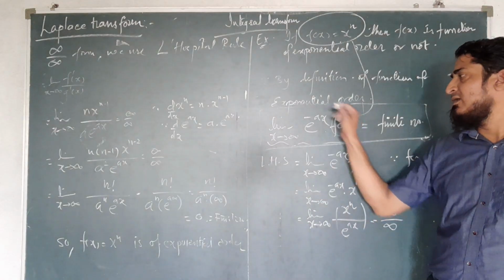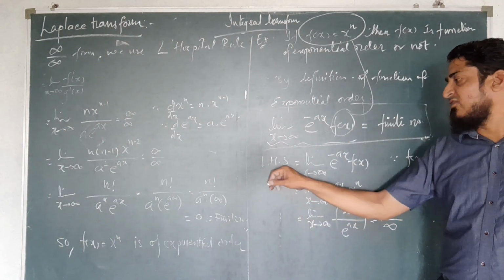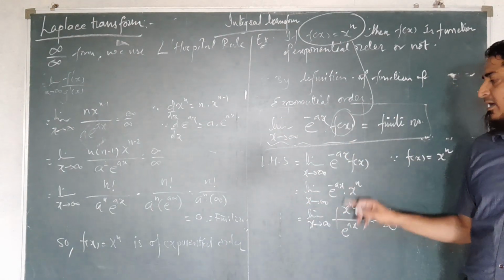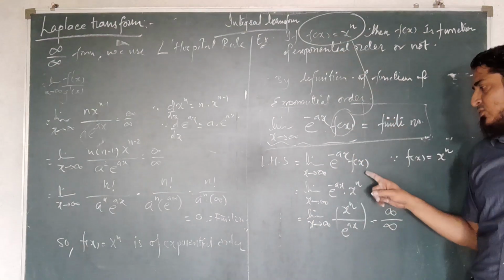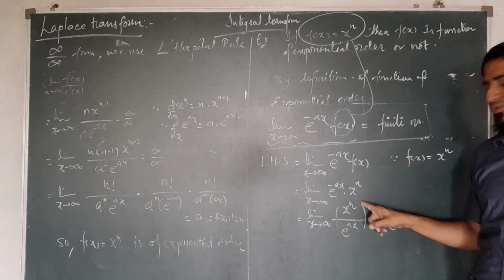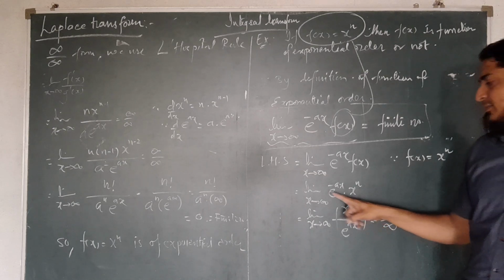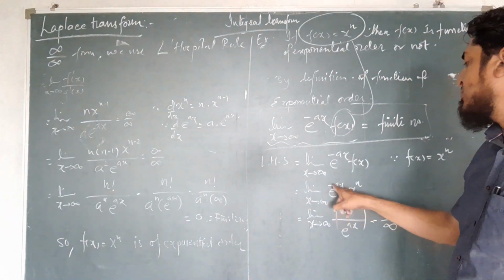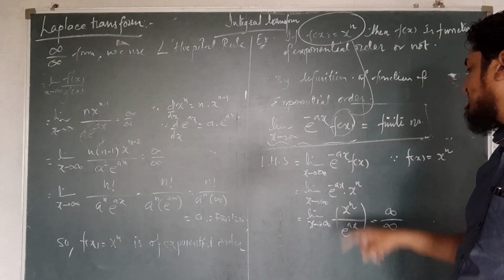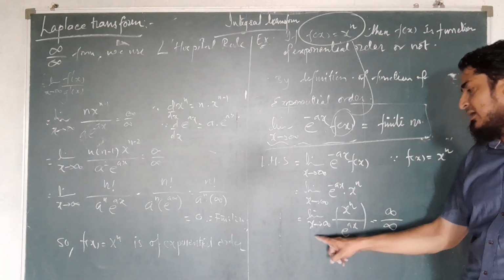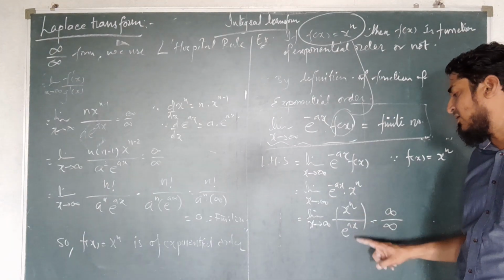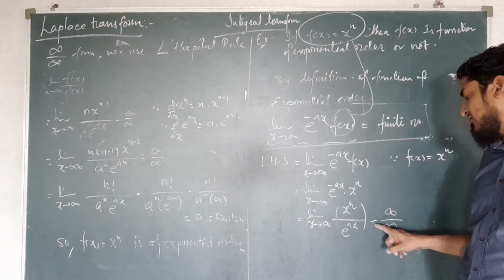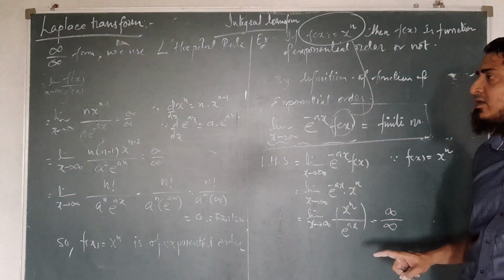So taking the left hand side of this expression, and we know that f of x is given as x raised to n, replacing f of x by x raised to n, we get the limit as x tends to infinity of e raised to minus ax into x raised to n. If we simplify this we get x raised to n upon e raised to ax, which is infinity upon infinity.